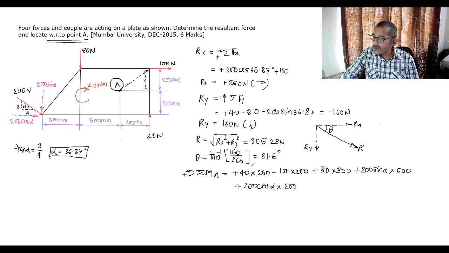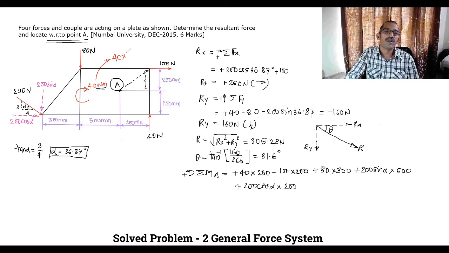The next important point is the unit of moment, which is Newton meter, while all the distances you have substituted are in millimeter. Therefore, the moment you are getting up to this point is in Newton mm. So one possibility is to convert distances into meters and substitute, or you can convert this kilonewton meter into Newton mm. That means 40 into 1000 Newton mm.